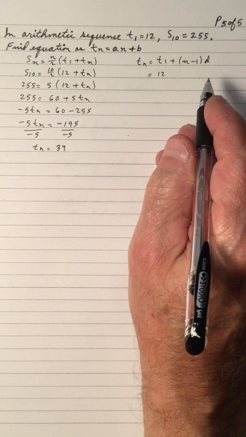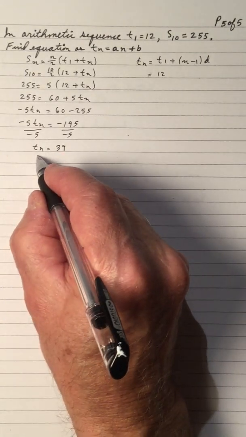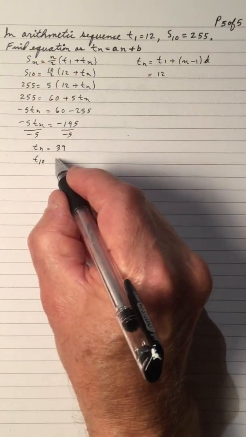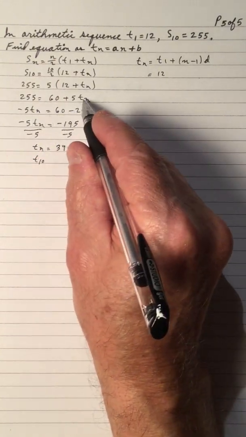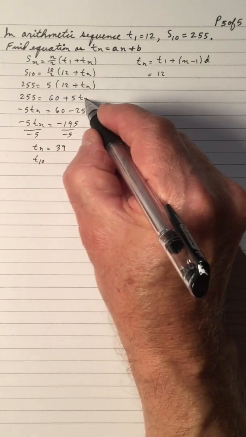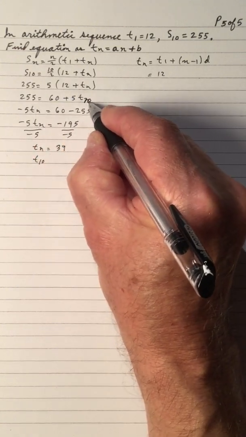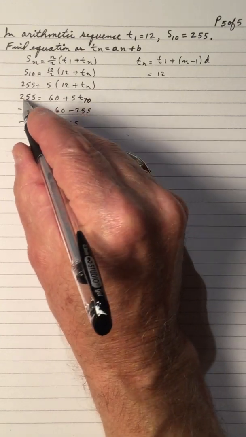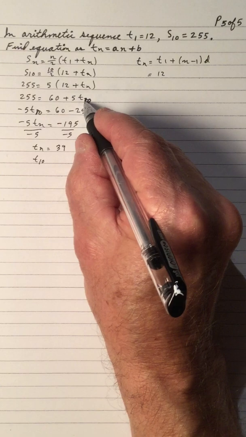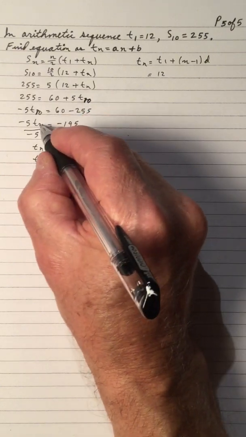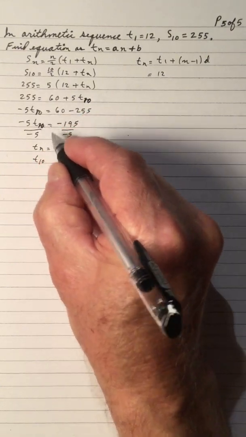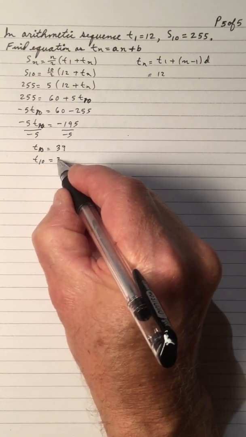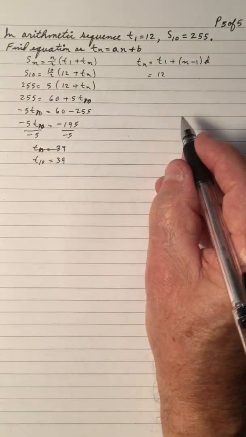Use your calculator to divide. That's my 10th term. So when I put that in, I could have put a 10 right here. I could have put a 10 here, so that's T10. Once I put the 255 in, that was the 10th term, so I could have put a 10 here instead of the n. And T10 is 39, then I wouldn't need that step there.